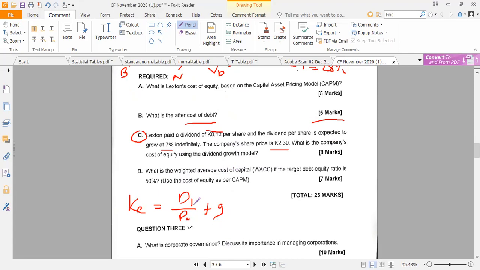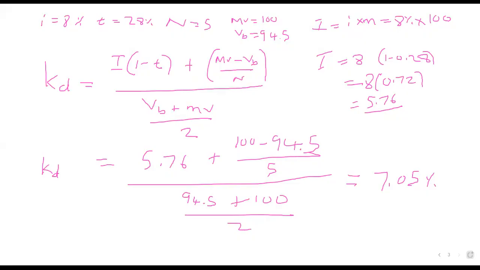So we know that D1, using Gordon's model, is D1 over P0 plus g. But if you've just been given a dividend now, you can do D0 times (1 plus g) over P0, plus g.